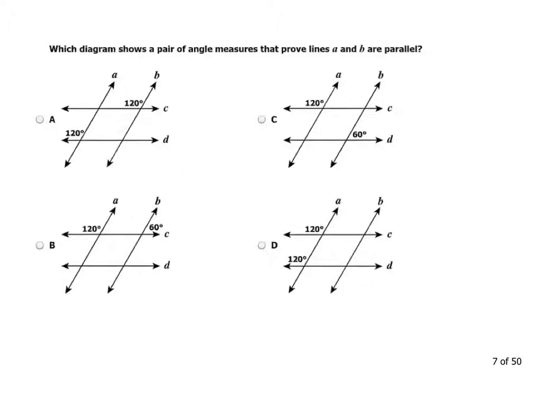Okay, with these type of questions, we want to make sure we read the question first. It says A and B need to be parallel. So the only thing we're worried about is A and B. So when I take a look at this first one, I've highlighted all of my lines for A and B. So I only need one more line.